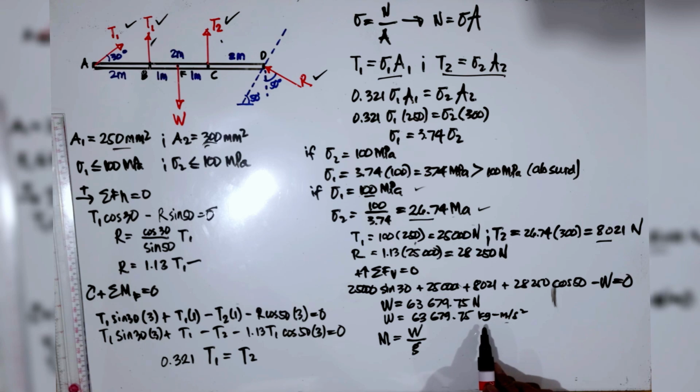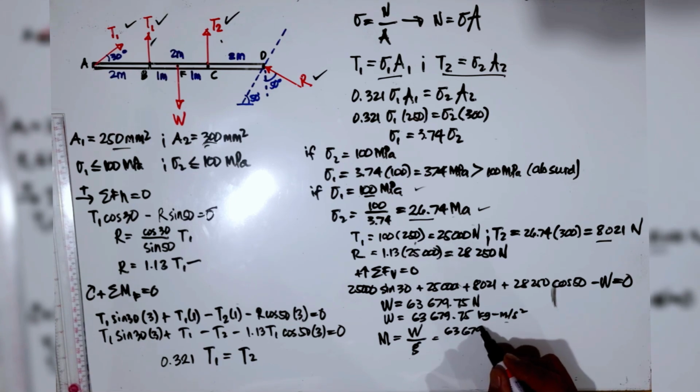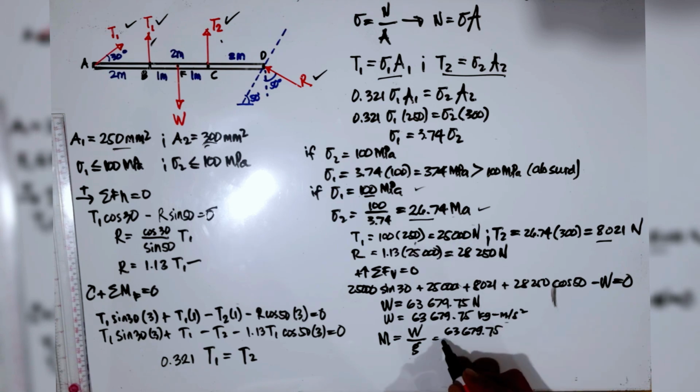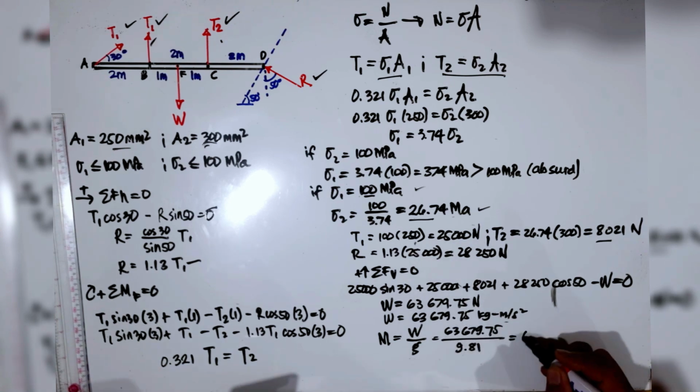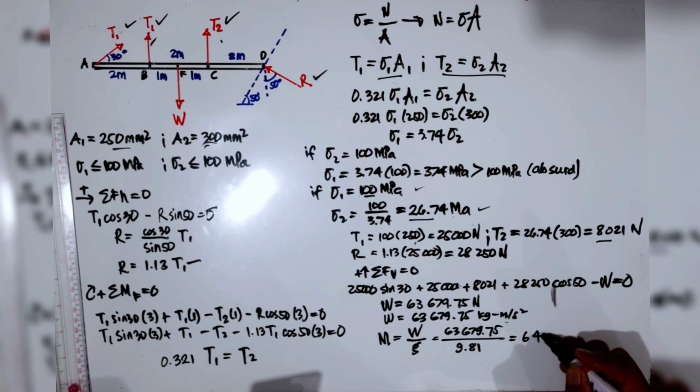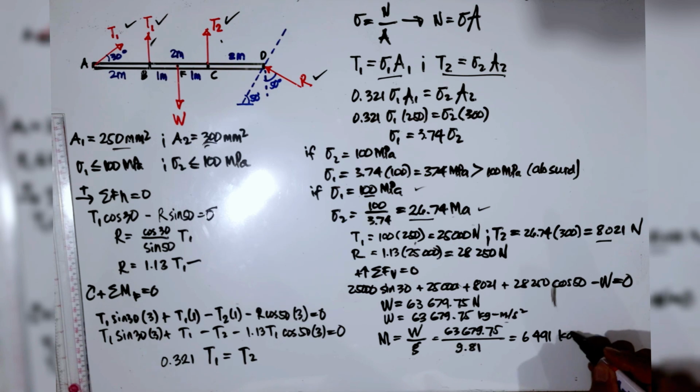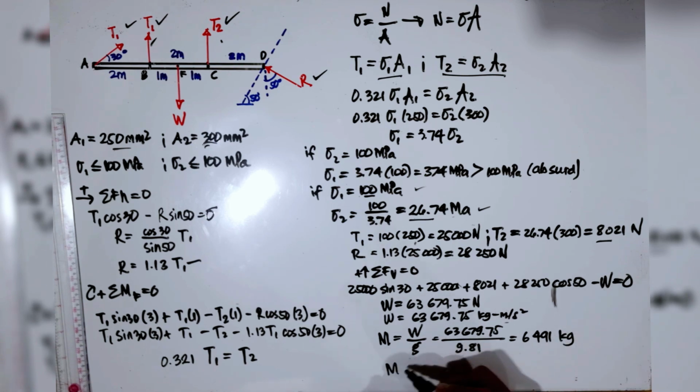We'll have an answer in terms of kilograms. So that's 63,679.75 divided by 9.81 is 6,491 kilograms, or that's about 6.5 megagrams.